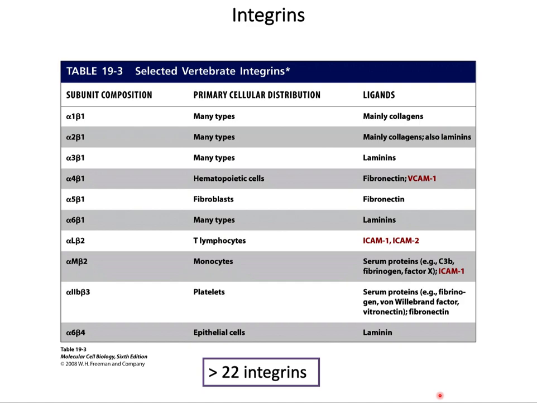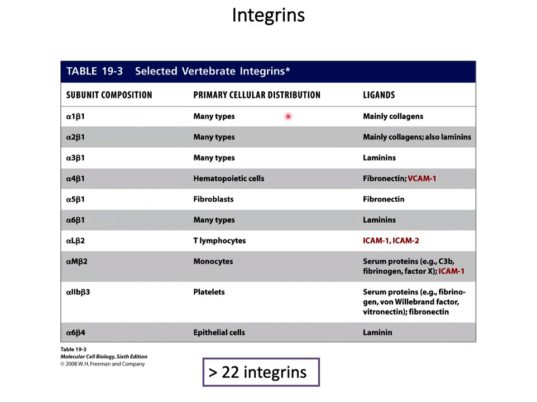And I mentioned that the integrins are a very, very large family of proteins, and there are probably more than 22 integrins that have been described. And what is interesting is that just by swapping out the alpha subunit or the beta subunit, you can actually change the binding specificity of these cell adhesion molecules.